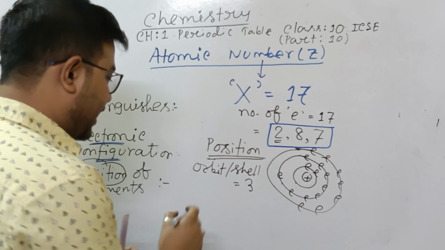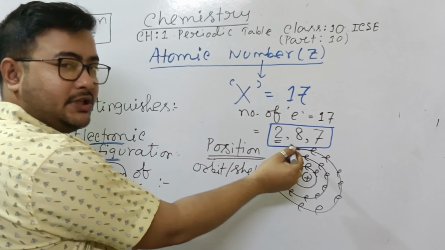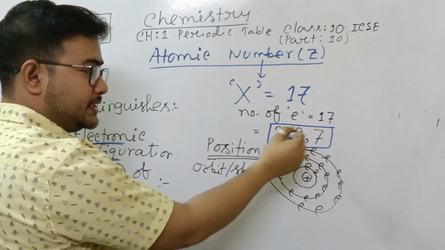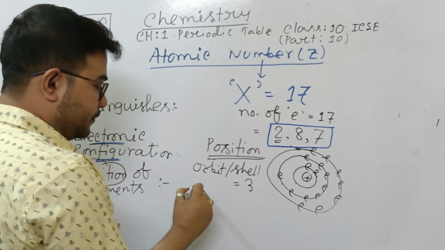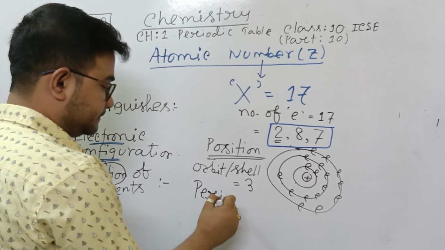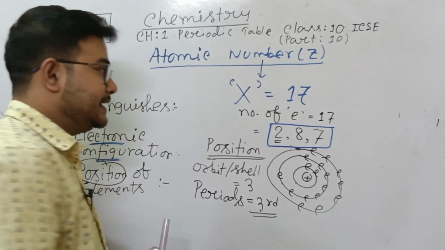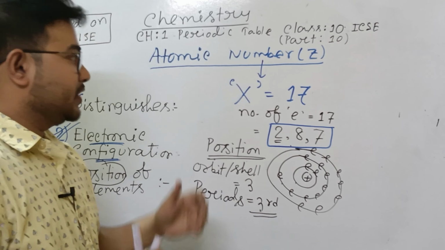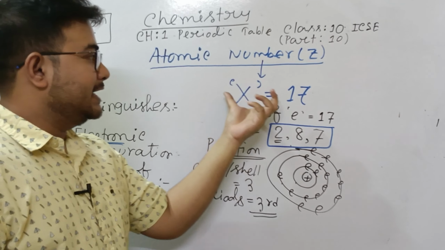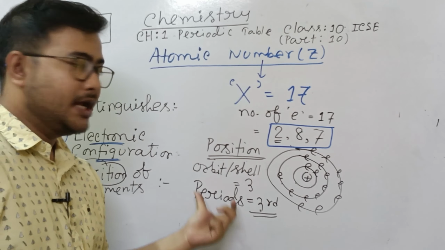So keep in your mind, when the element is given, first write down the electronic configuration. 3 shells. From this electronic configuration we can predict. Therefore the period of the element is third, that is, this element belongs to the third period. So in the exam, if one element is given with its atomic number, how do you calculate the period?